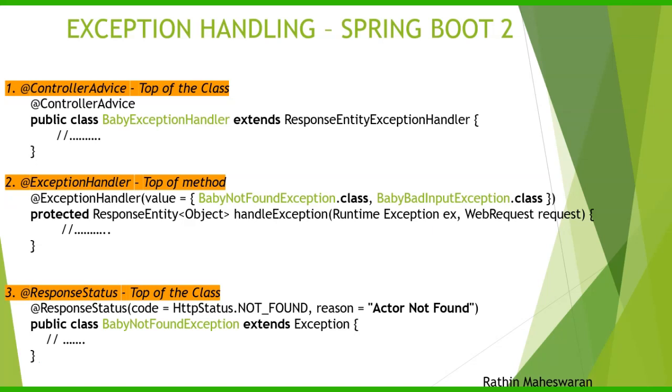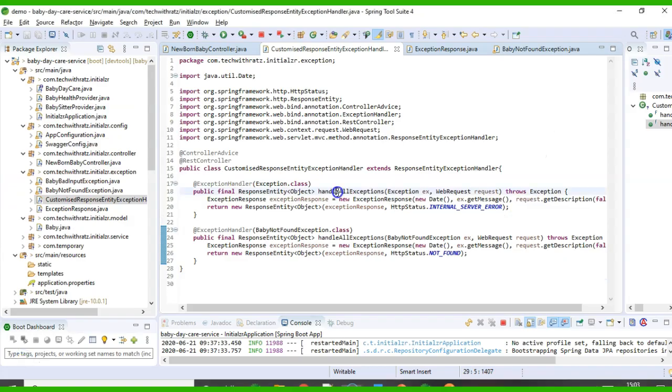Mapping several exceptions to the same method to be handled together was an extremely advantageous thing. That is, we have mapped the handleAllExceptions method across all exception types. You can go for Exception, BabyNotFoundException, and other types of exception found in the application.